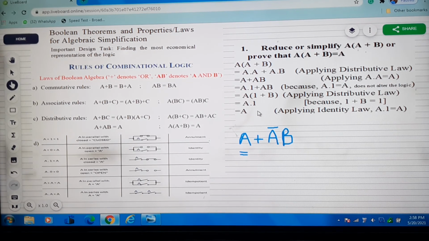So we can simplify any expression by using Boolean laws, Boolean rules, Boolean properties.